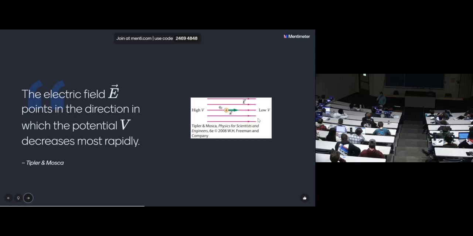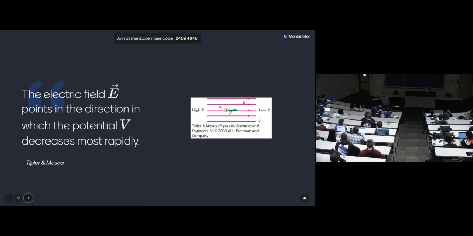The electric field E points in the direction in which the potential V decreases most rapidly. Why I say that is, if you imagine your electric potential in some region, if you've ever seen a contour map by the USGS of the planet, right? A contour map has all those different lines on it that tell you, as you go this direction, you're going up in elevation.